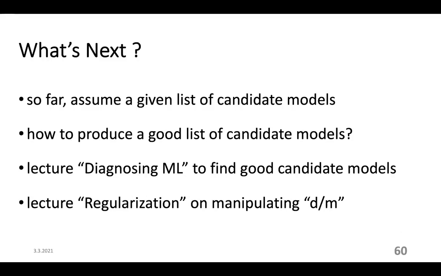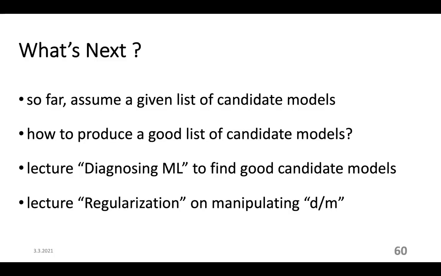This is something you as a machine learning engineer have to develop as a skill, to guess what could be good candidate models. To this end, we will see in the next lecture that there are certain ways to diagnose machine learning methods, and this diagnosis reveals potential candidate models, different models that should be tried out.